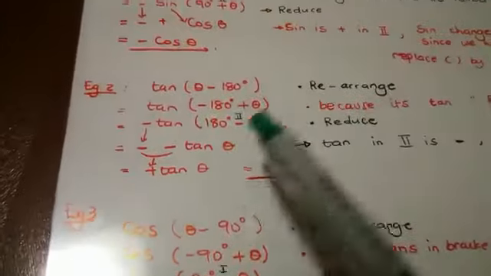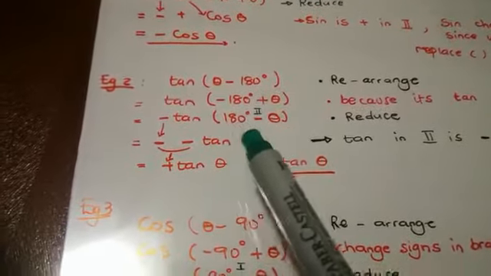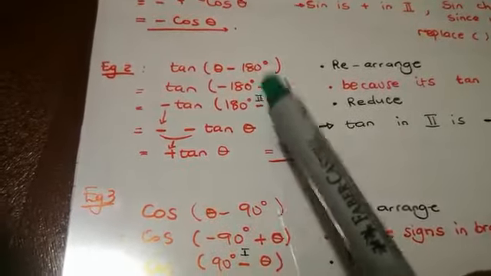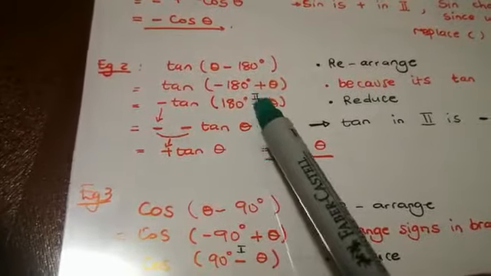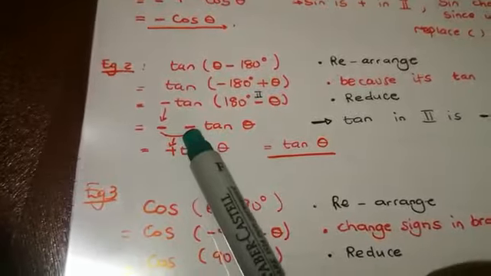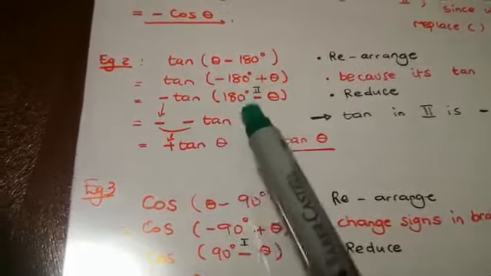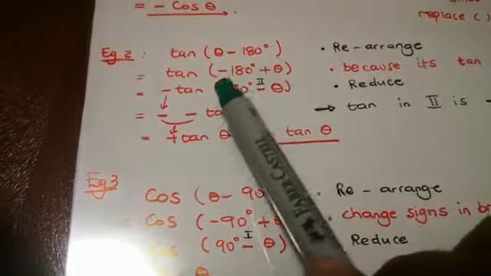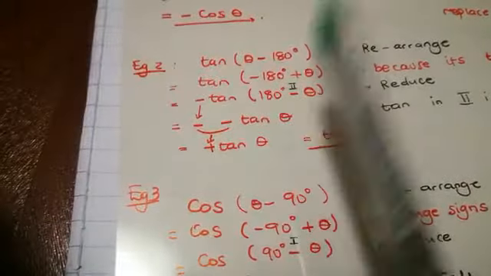Okay, so tan 180 minus theta is where? It is in the second quadrant. Tan in the second quadrant is negative, so you write that first. And then tan comes back as it is, and then the 180 minus theta becomes theta.